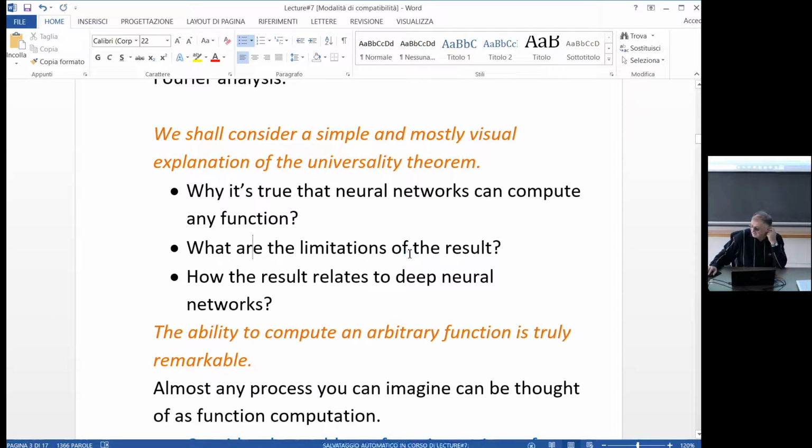And the other limitation is continuity. You see, all our training procedures are continuous. So if a function permits some jumps, it is not good for neural nets.